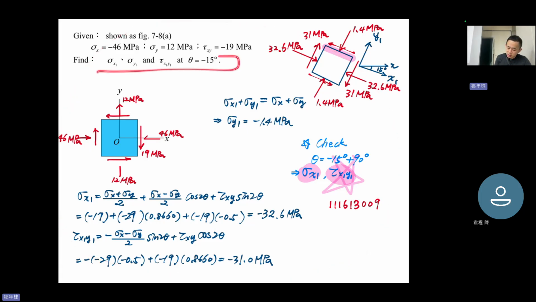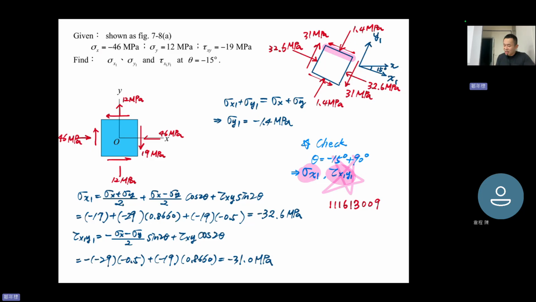It gives you three known values, sigma x, sigma y and tau xy, and then you just determine the new axis, the new coordinate components, and I would like you to check the new focus plane. For example, the y1 plane.